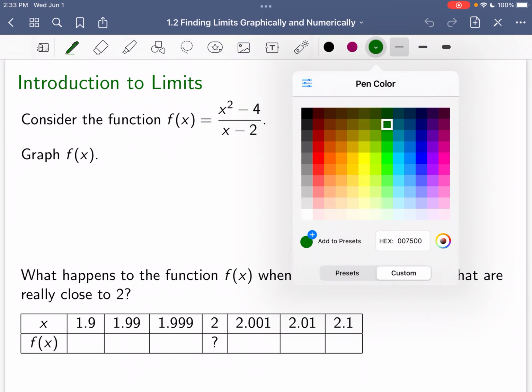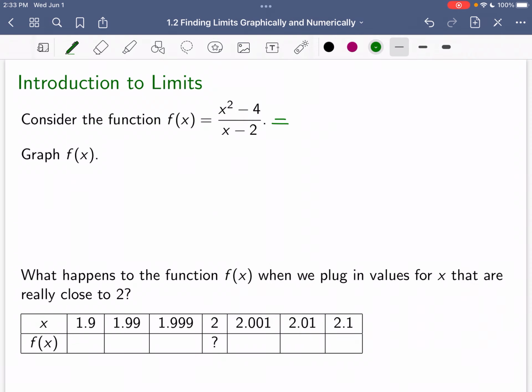That rational function, that top part, you could factor it into x plus 2, x minus 2 over x minus 2. And right here, you might be tempted to cancel out the x minus 2.